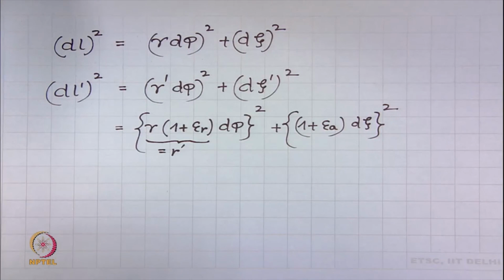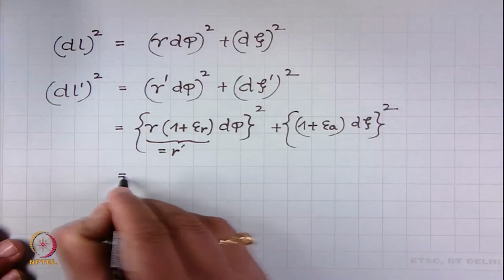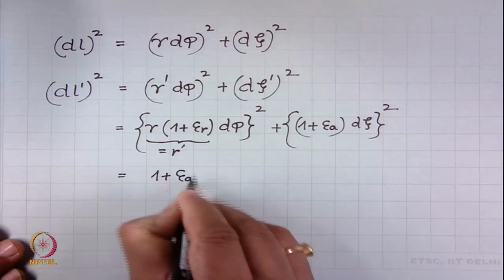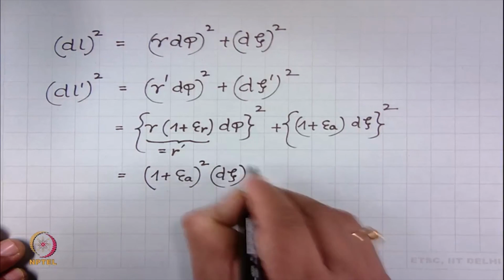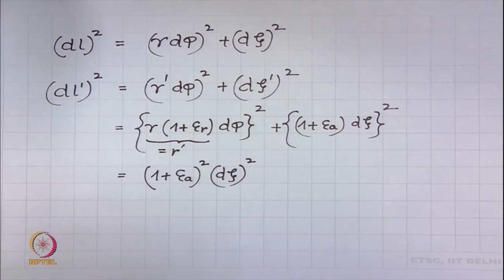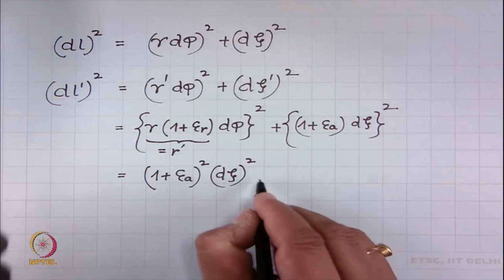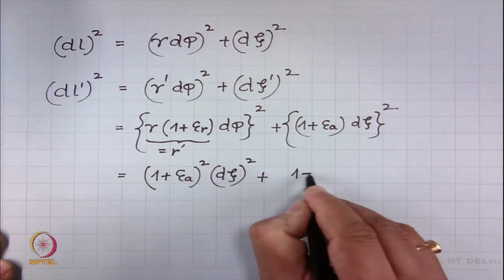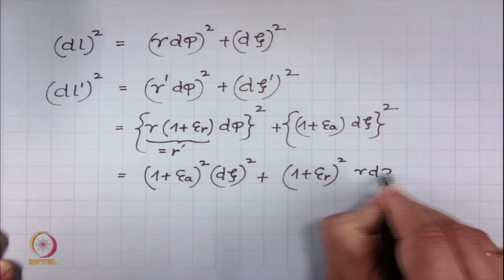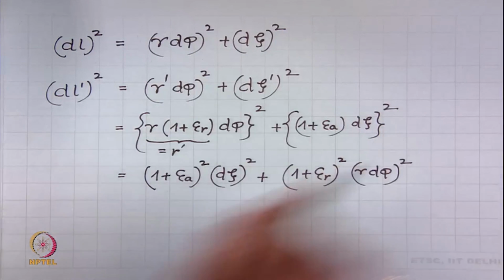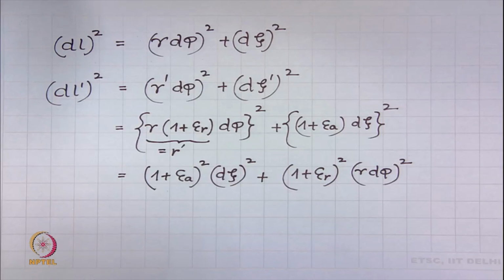So, if we rearrange it, then it becomes 1 plus epsilon a square plus 1 plus epsilon r square r d phi square.